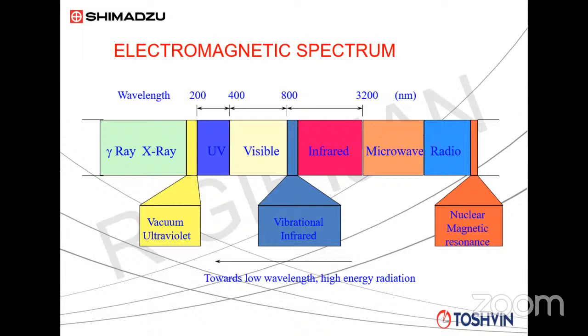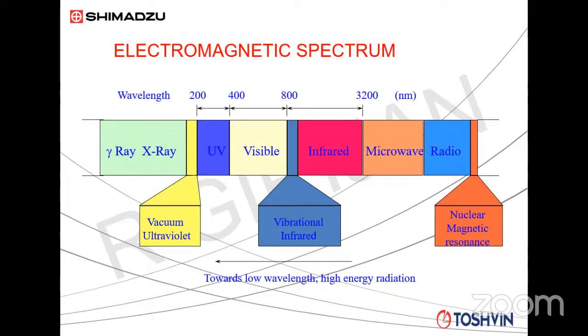As you see on the slide, UV is on the left-hand side of visible. That means UV is more powerful than visible. Visible light is our sunlight. And visible light is more powerful than infrared light. So infrared light has lower energy content compared to UV radiation.